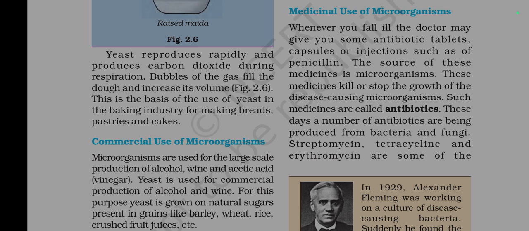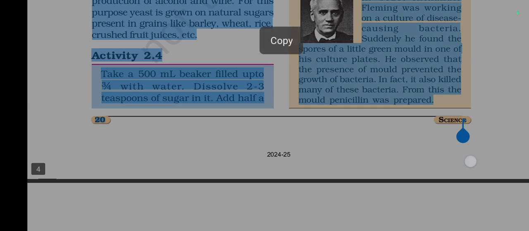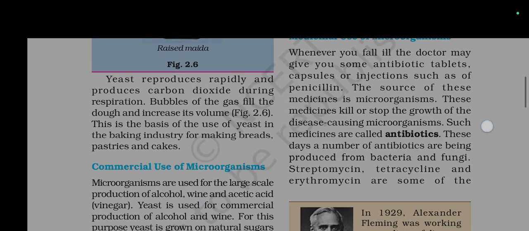These days a number of antibiotics are produced with the help of bacteria and fungi.